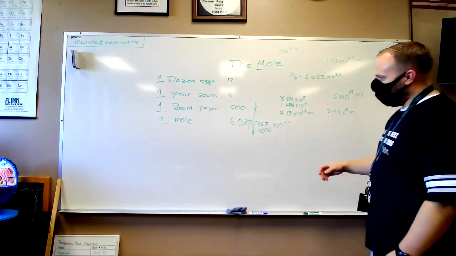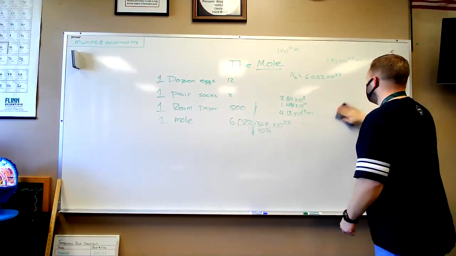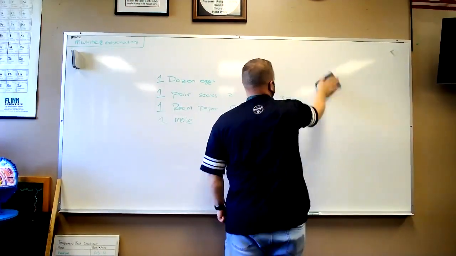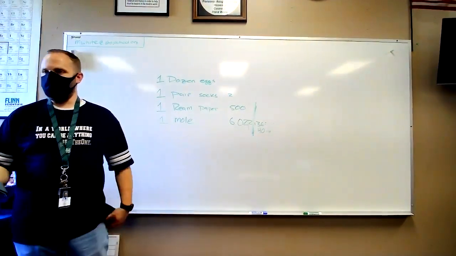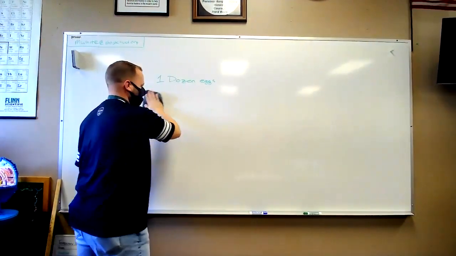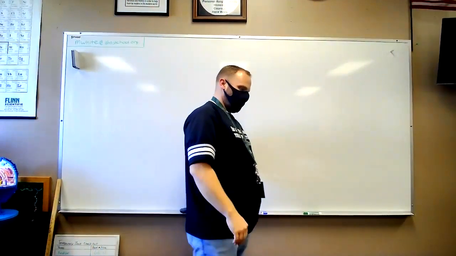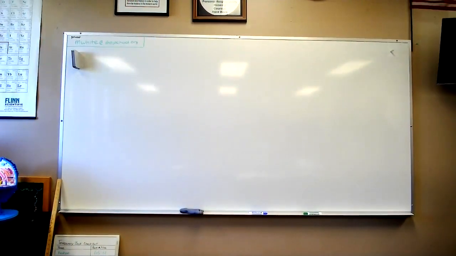Okay? Now, we are going to be doing a lot of unit conversions in the next few days. Okay. And once again, these are pretty straightforward once you sort of get the pattern.